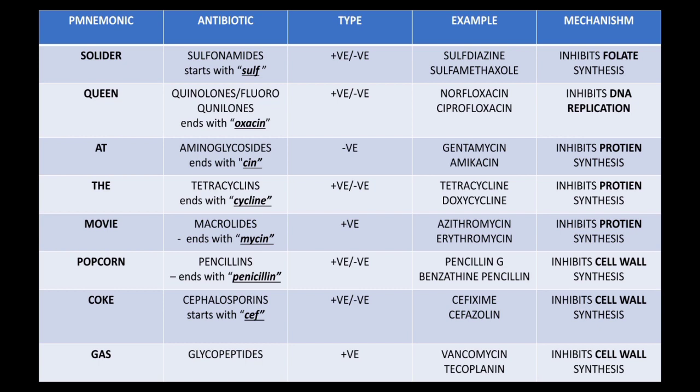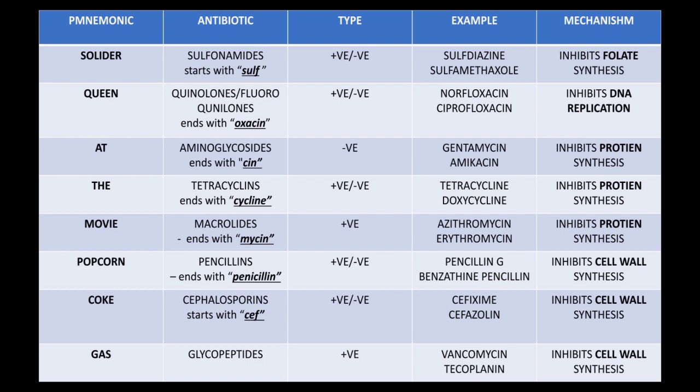Now coming to the mechanism of action of these classes of antibiotics. Sulfonamides deal with the folate metabolism. It is the only class of drug that inhibits the folate metabolism. To know the details of folate metabolism, you can check out my previous videos where I talked in detail about sulfonamides.